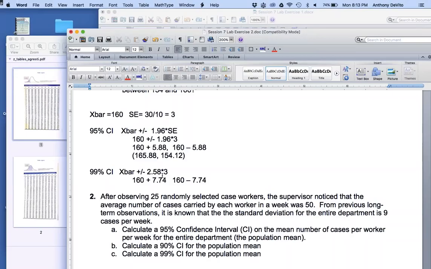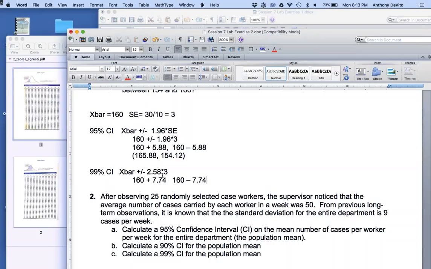That range, within which I think the real mean is, how about we give that another name? The standard error times that number that we're using, 2.58 for a 99% confidence interval, or 1.96 for a 95% confidence interval. Let's call that combination number, the number that we're subtracting and adding to the mean, let's give that a name.